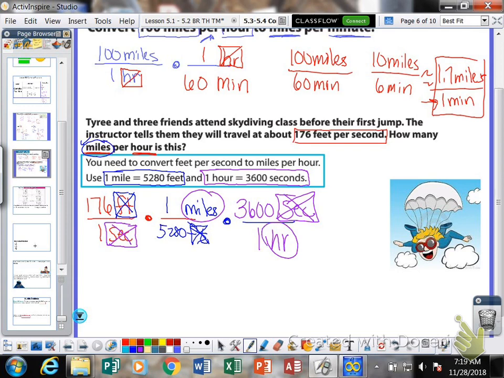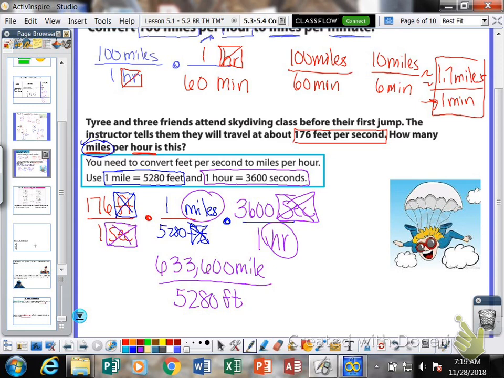So there's my label. So now we have to multiply straight across the top. 176 times 3,600. And I get 633,600 miles over 5,280 hours.